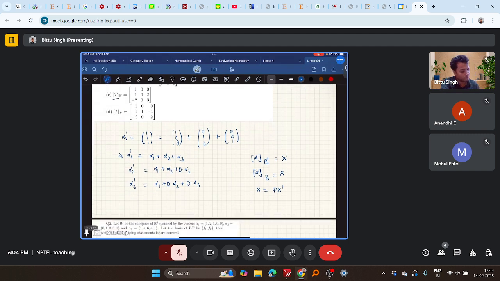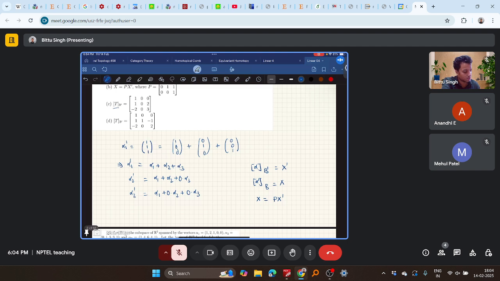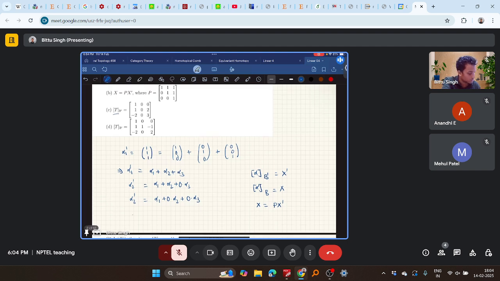This P is obtained from these coefficients. The coefficients of the first combination are 1 1 1, so we put 1 1 1 in the first column.